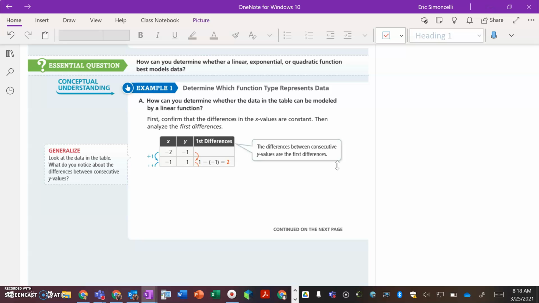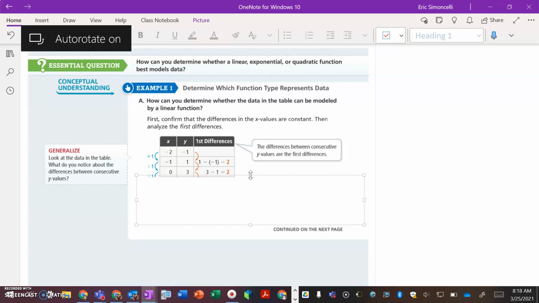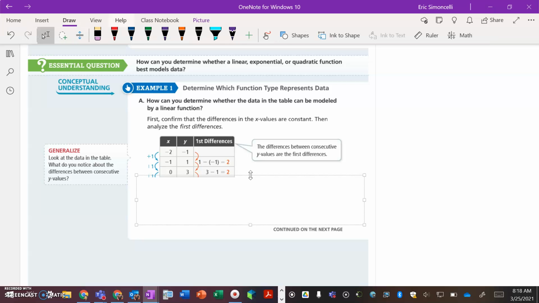If we take a look at the very first two ordered pairs, we've got -2, -1, and then we have -2, +1. The consistency from one x to the next is that you're adding 1 every single time. And as far as any consistency on the other side, maybe you can already see that we're simply adding 2. -1 minus -1 is simply 2.